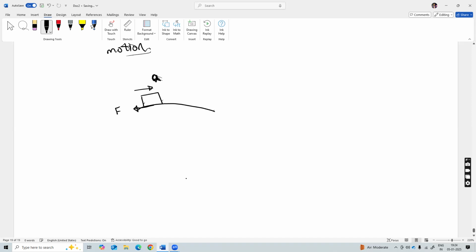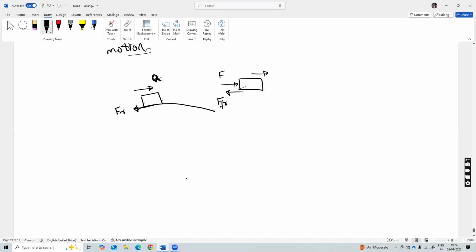It will act in the opposite direction of the motion of this body, and it will try to stop it, or basically resist the relative motion between the ground and this body. So if you consider this body with acceleration a, maybe some force F is acting, then on this body friction will act in the opposite direction to the direction of motion, let's say fr.